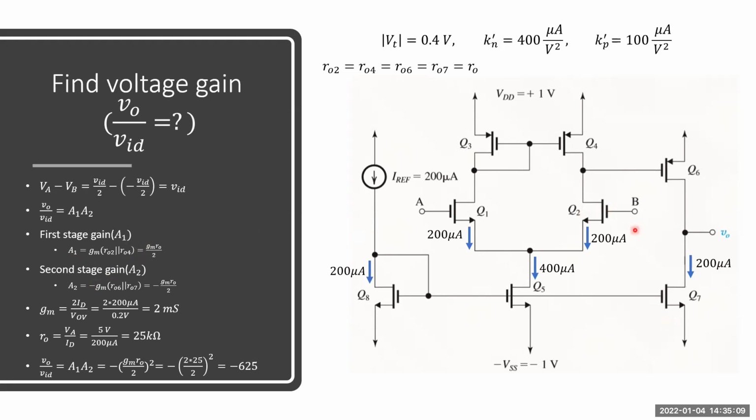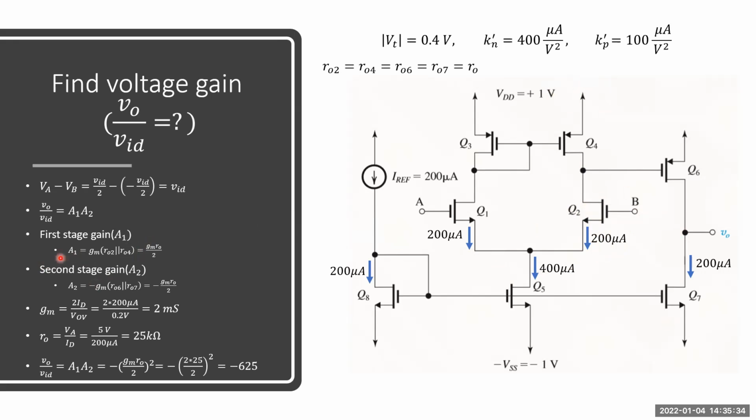It's basically equal to input gm times ro2 parallel to ro4, because VDD is connected to ground in the small signal model, and the source of the input transistor is a virtual ground, connected to ground. Then ro4 and ro2 are parallel, right?